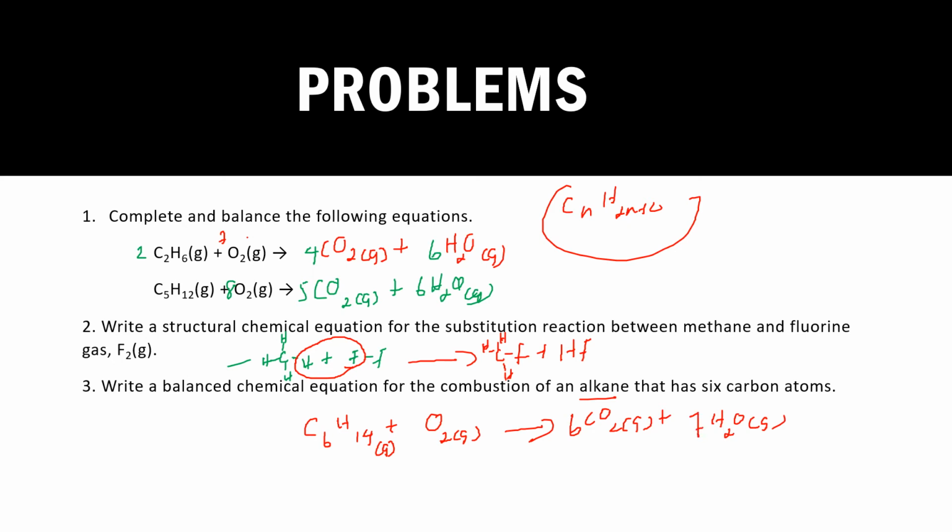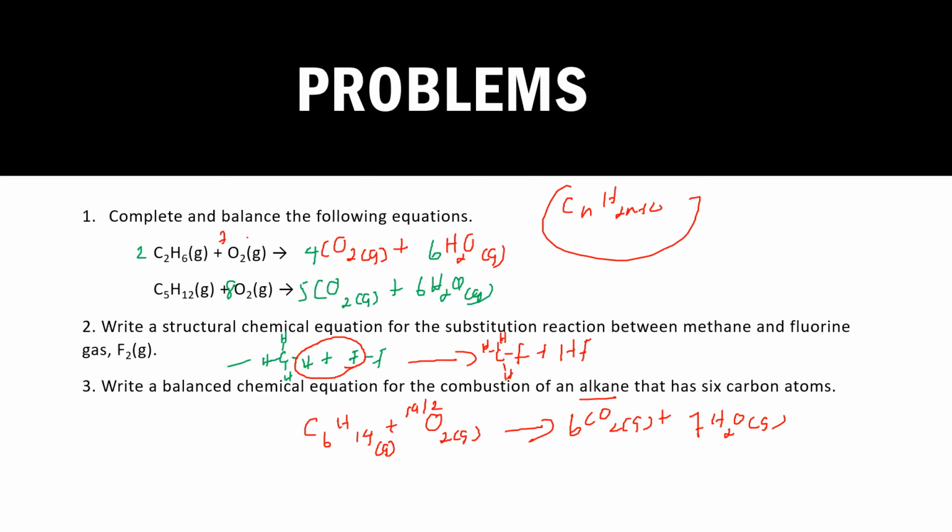Oxygen comes to 12 and 7, making 19. Therefore we have to put 19 over 2.